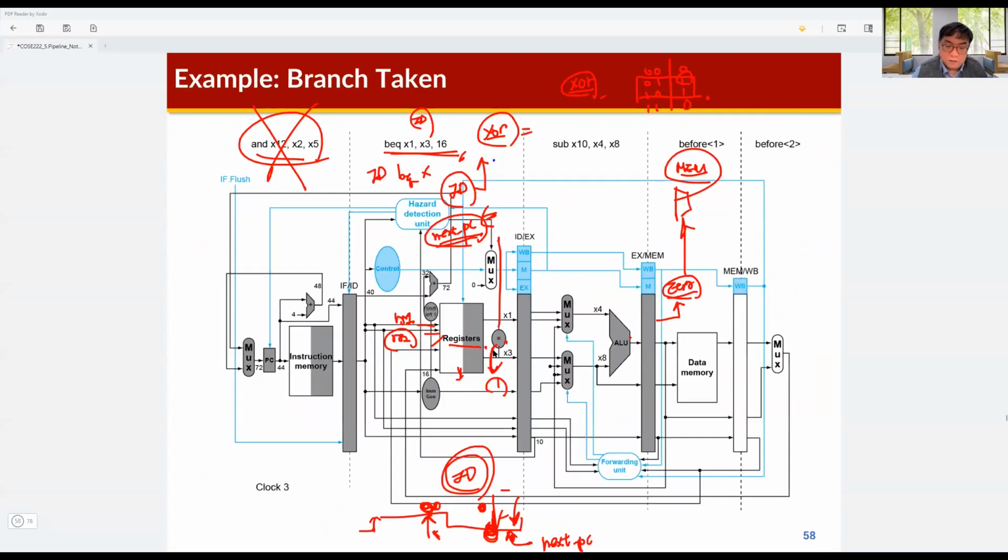And I also explained how we can reduce the wasted cycles from control hazard. Instead of using the ALU for the branch instruction, we can add some special hardware that compares the outputs of the register file. This processor just supports BEQ. So we can use this very simple hardware that compares the two values.